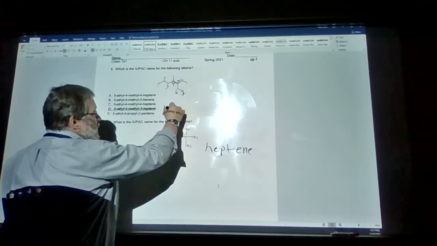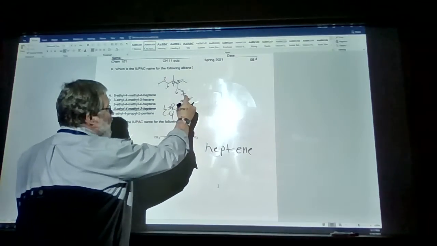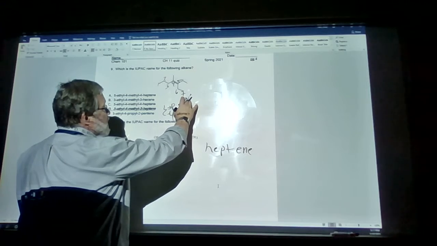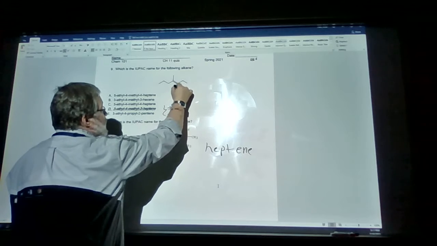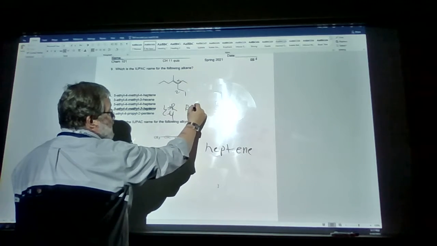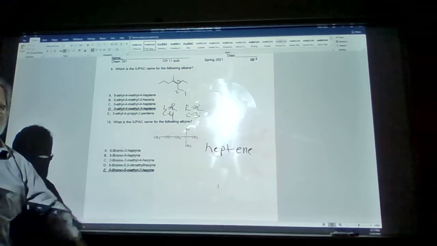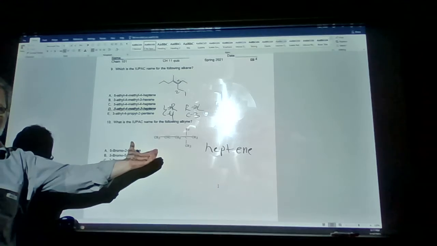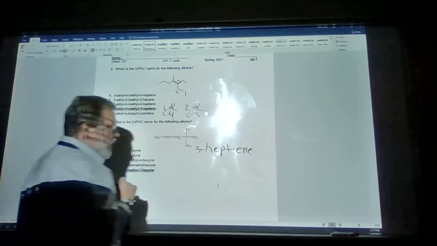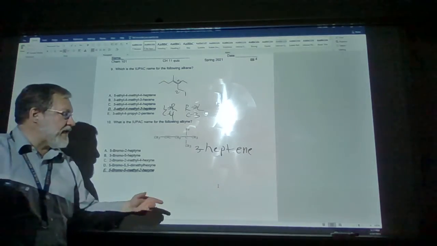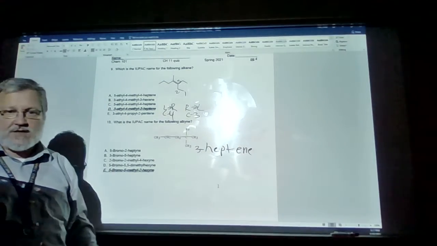If we go from right to left, it is 1, 2, 3. Right to left, the first carbon of the double bond is at C3, which is a lower numbering sequence. So this is a 3-heptene. 7 carbons with the first carbon of a double bond at the 3 position.